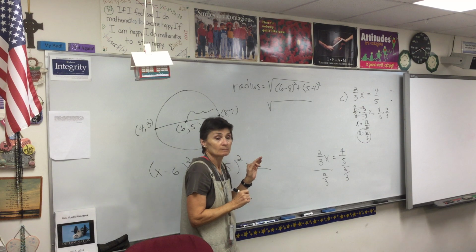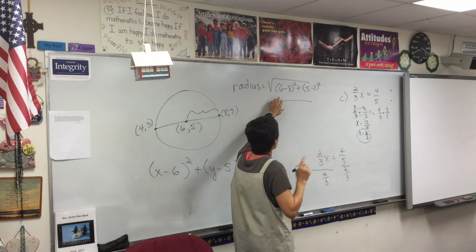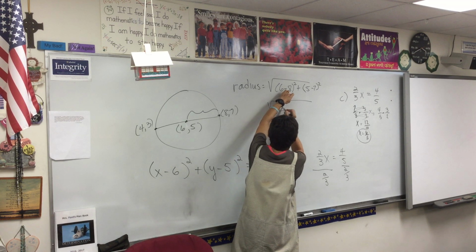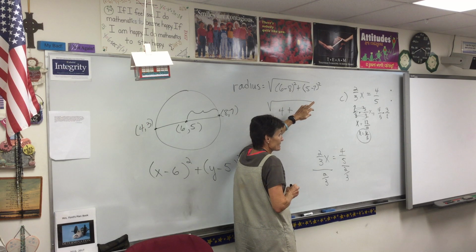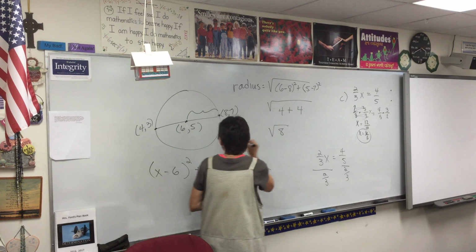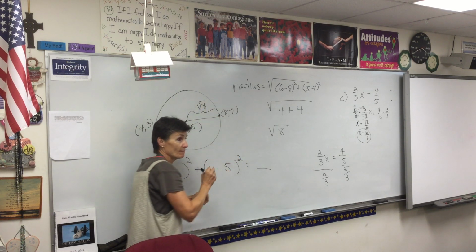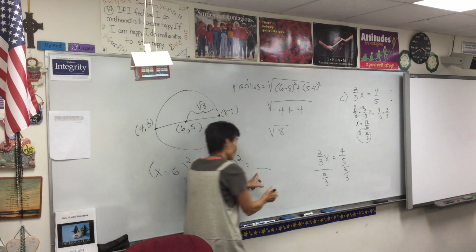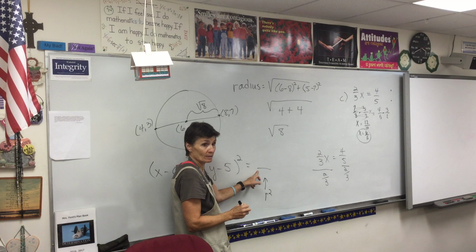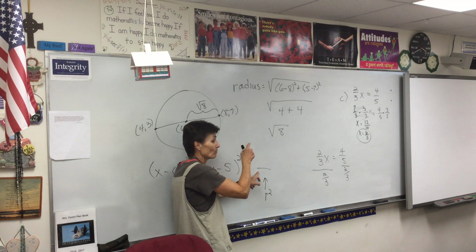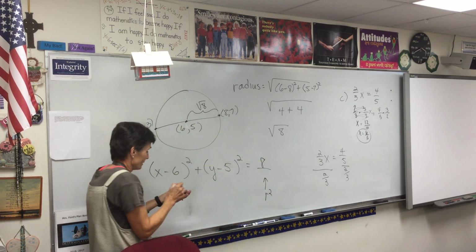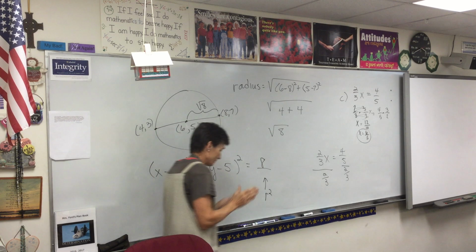It'll be the root of 8, which is 4. No, it's not 4, but you're right. Okay, so 6 minus 8 is 2 squared is 4. 5 minus 7, 2 squared is 4. So my radius is the square root of 8. But remember, when you write your equation, you don't put the radius here, you put the radius squared. So what is the square root of 8 squared? 8. There it is. All right, peeps, great work.